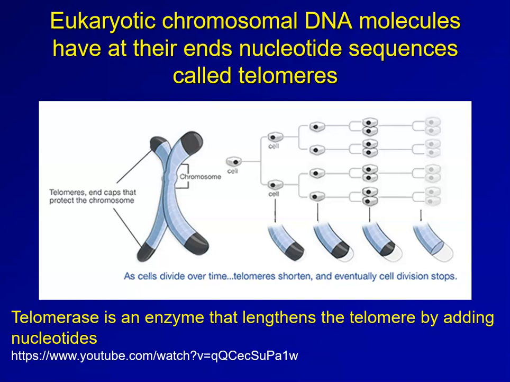Now there's a video that I'd like you to watch. Can't show it on here because you won't get the sound, about an enzyme called telomerase. And the job of telomerase is to lengthen the telomeres by adding nucleotides. Now this is not something that happens normally in our body, but there are certain types of cells that have telomerase, including stem cells.